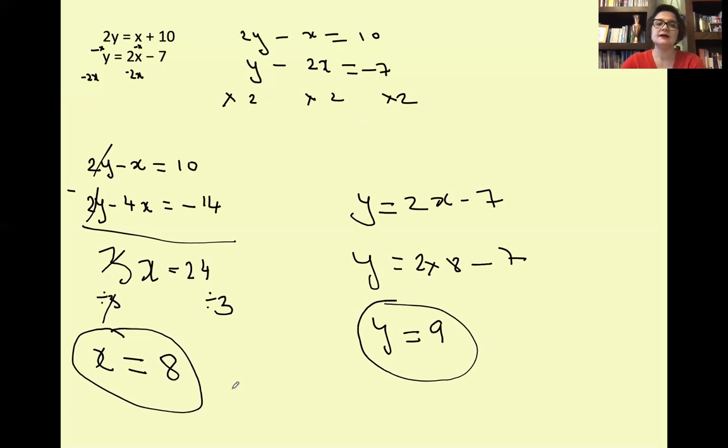And these are the answers of my equation. You see what I did? I rearranged, and then I made sure the letters that I get rid of have positive signs in front of them, are both positive, and the coefficients are the same.